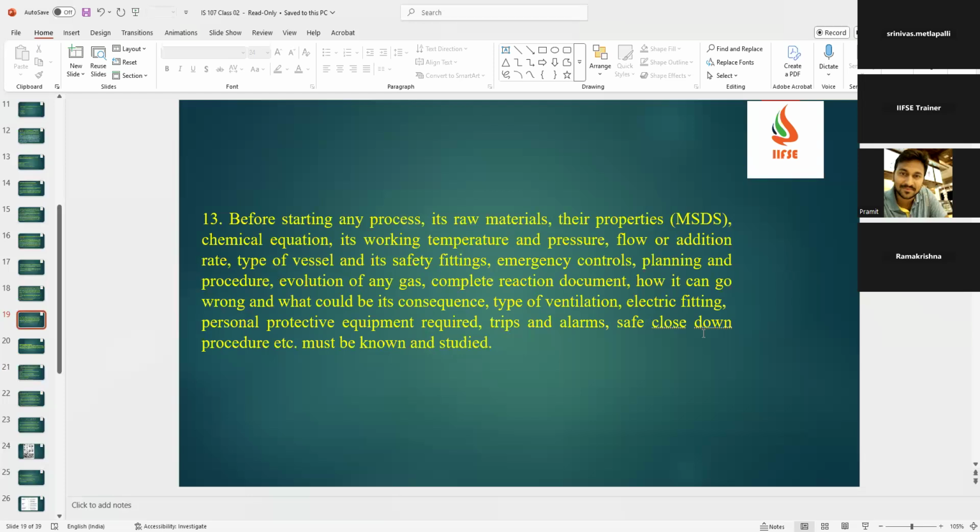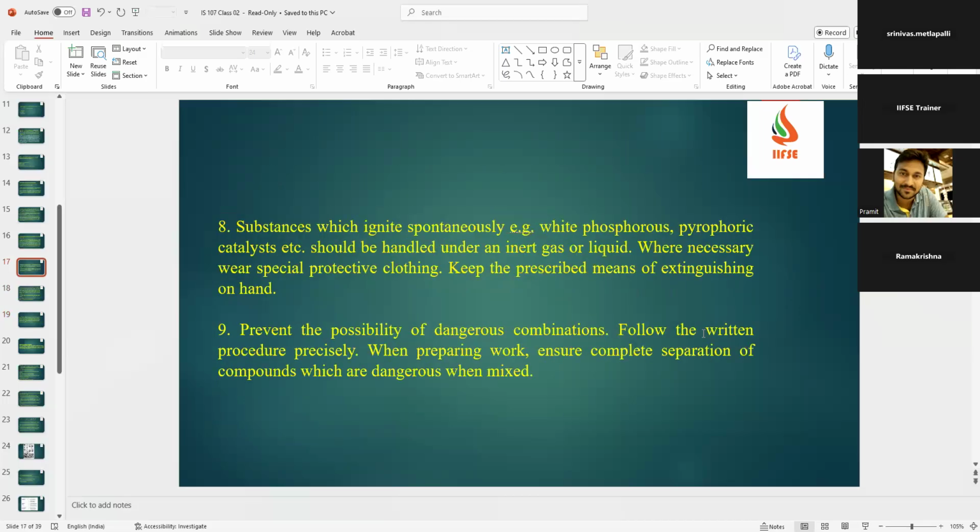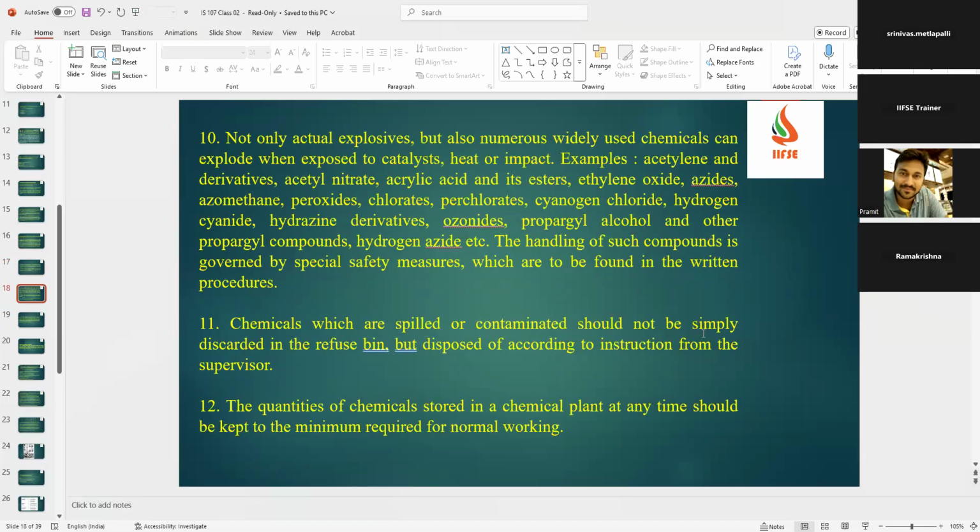These are different types of utilities we use, I mean the heating sources. When I say hot water, hot oil, steam, these are used to heat up the reaction. When I say brine, it has cooling properties. It is able to cool the temperature.